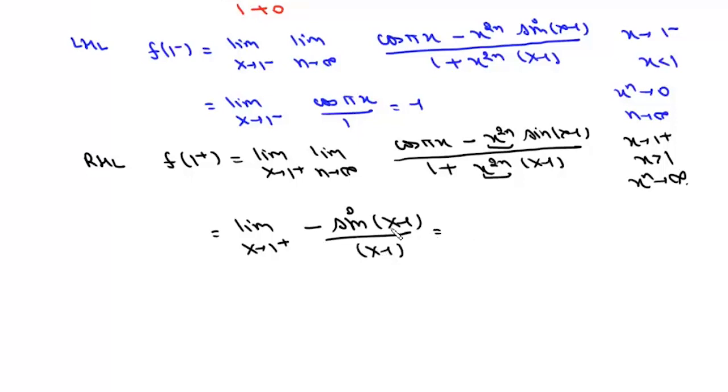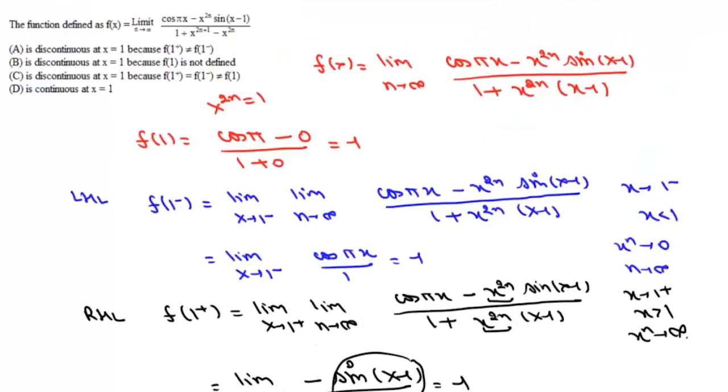Now this is 0 upon 0 form, which is the standard sin x upon x limit. So its value is −1. So for this function, the left hand limit is equal to its right hand limit, and it is equal to its function value. So this function is continuous at x equals 1. And that's your option D.